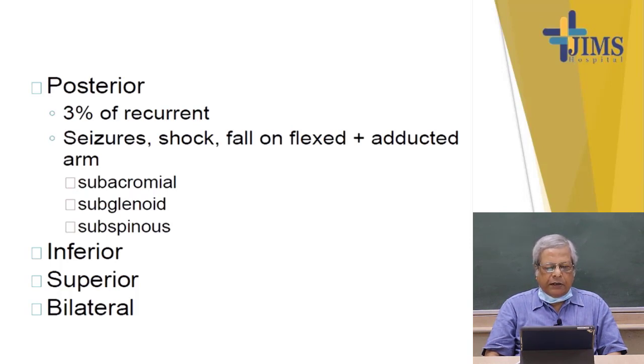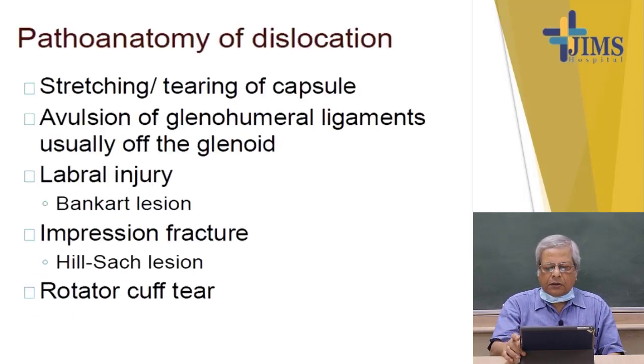There could be inferior subluxation or inferior dislocation. Superior is extremely uncommon because of the presence of the acromion process on the top, and bilateral is also extremely uncommon.